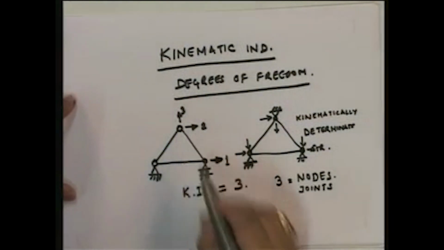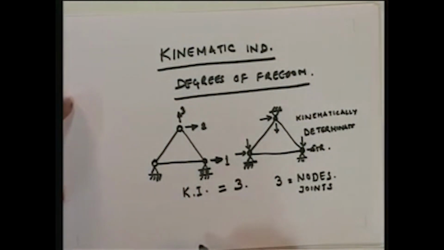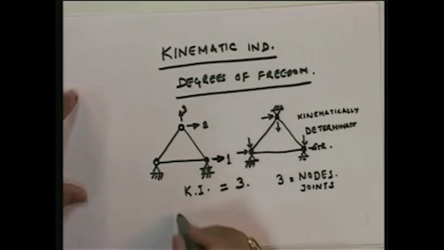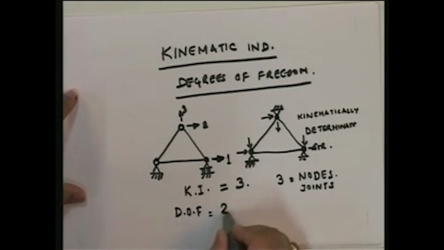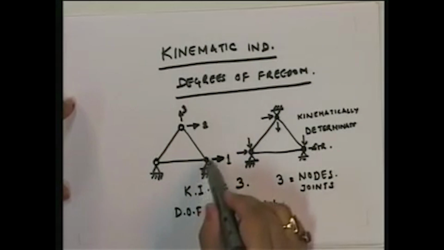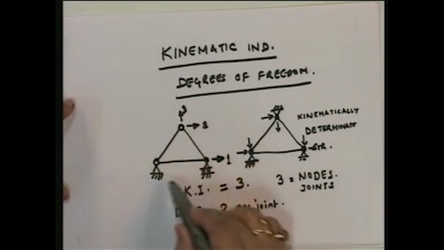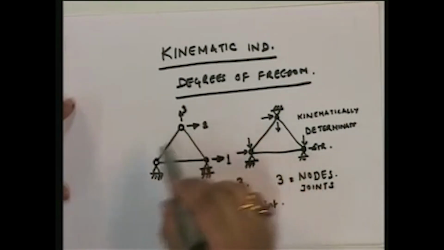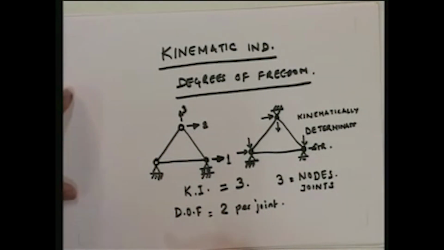So therefore, let's look at it this way. How many joints? 3. How many degrees of freedom per joint? Degrees of freedom are 2 per joint. So therefore, if this plane truss were to have no supports, what would be the degrees of freedom?